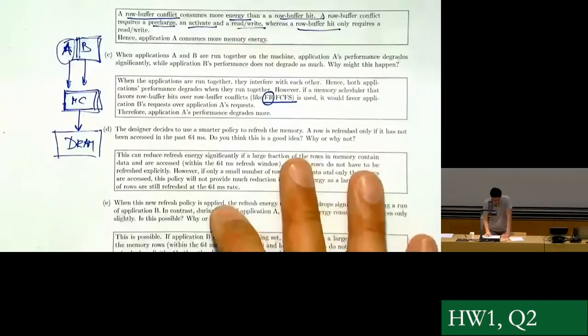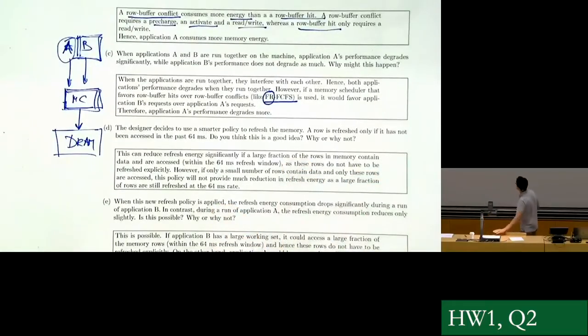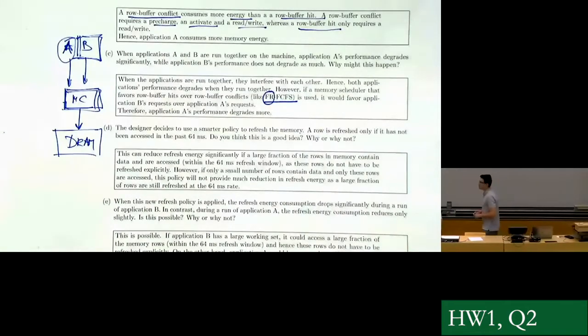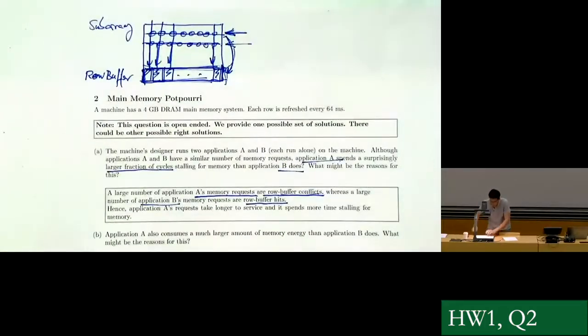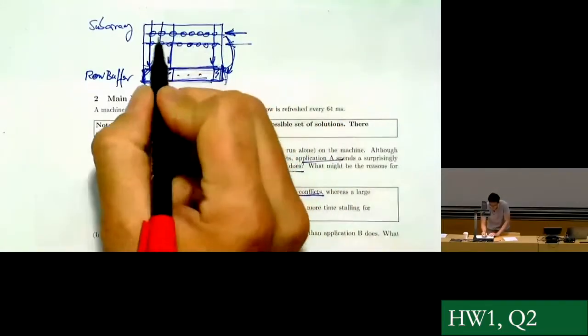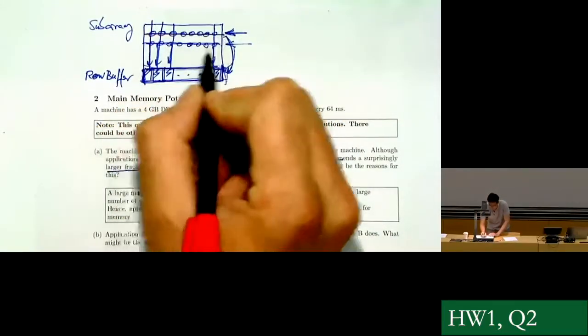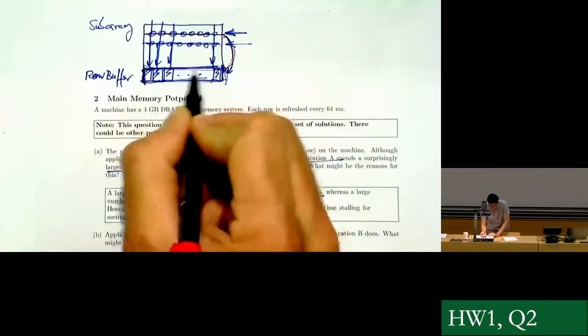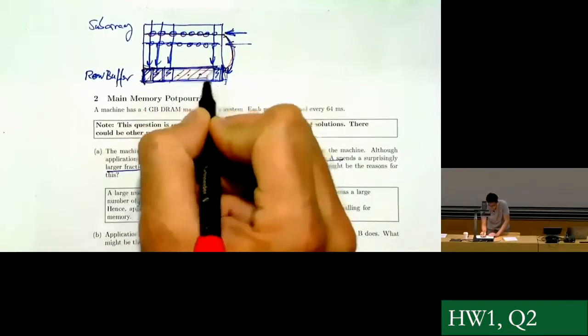Okay. Part D says the designer decides to use a smarter policy to refresh the memory. A row is refreshed only if it has not been accessed in the past 64 milliseconds. So why can the designer think about this possibility? Well, because if the row is open, this is the row that we are reading and the row is already in the row buffer.